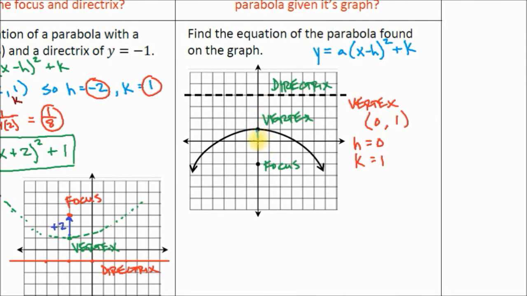And remember again, p is the movement from the vertex to the focus. In this case, to go from vertex to focus, we're actually moving down. So we went down 1, 2, 3 units. Our p-value is actually negative 3 because we had to move down to get from the vertex to the focus. So if our p-value is negative 3, we know that a is equal to 1 over 4p.